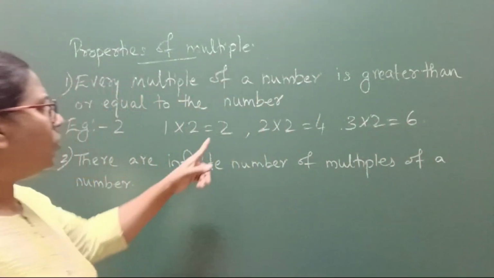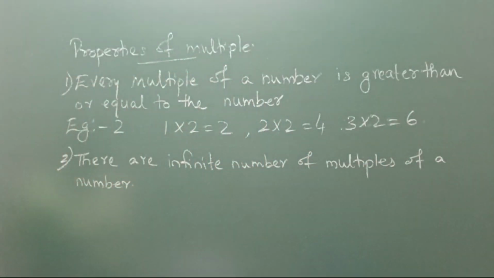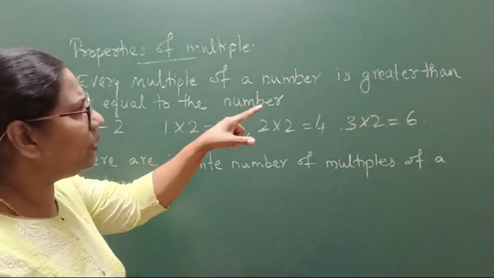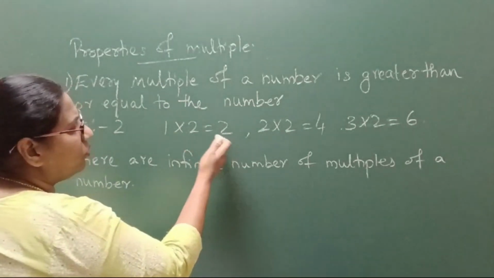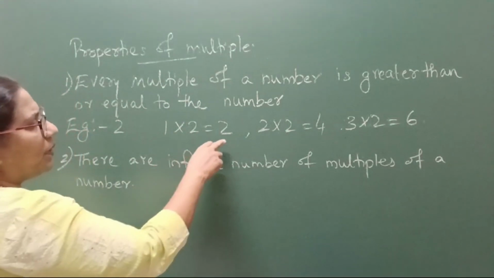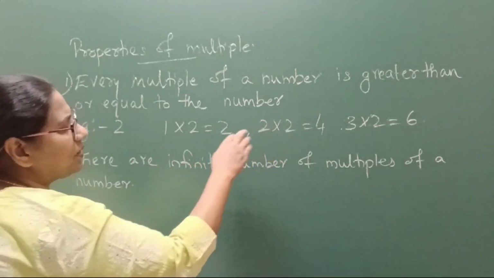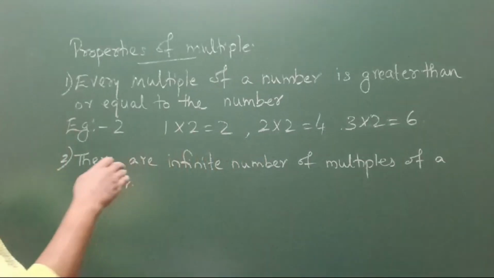So here 2, 4, 6 are multiples. Every multiple of a number is greater than or equal to the number. There is no lower number; they are always either equal or greater.